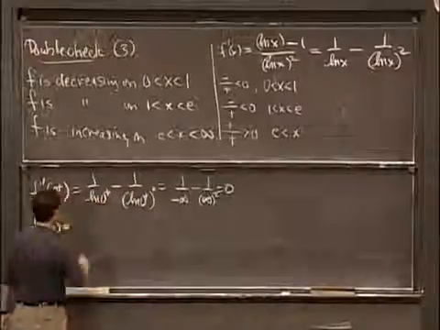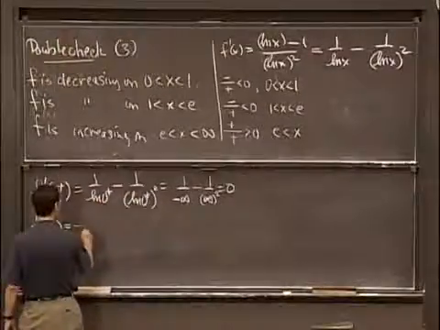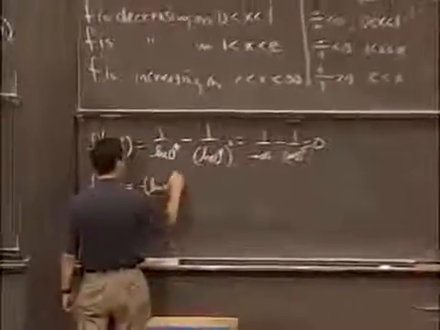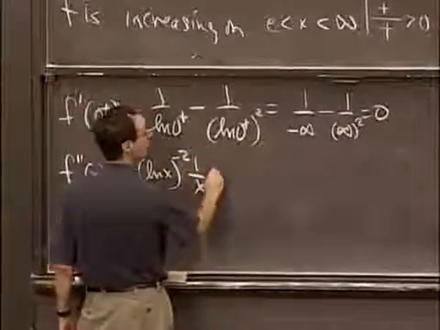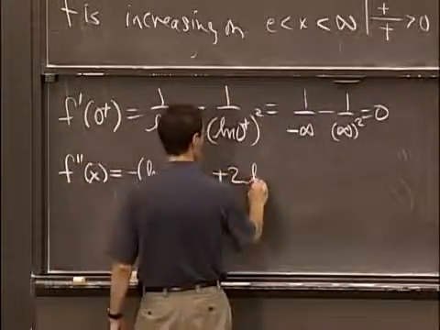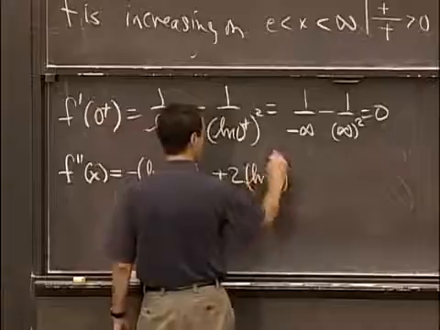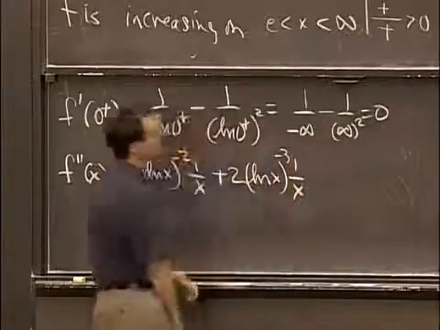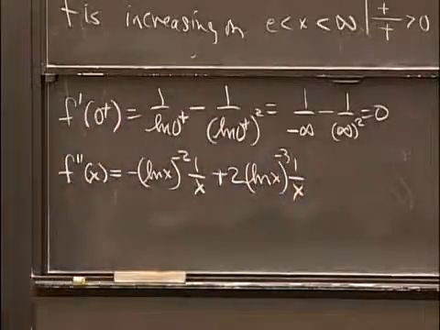If I differentiate 1 over the log, that's minus log x to the minus 2 times 1 over x plus 2 log x to the minus 3, 1 over x. All right.